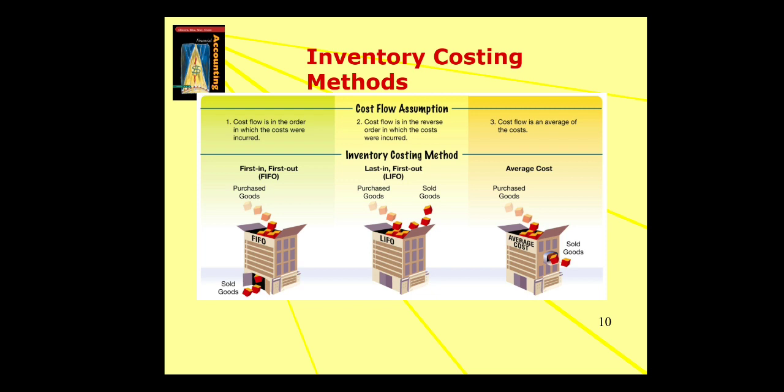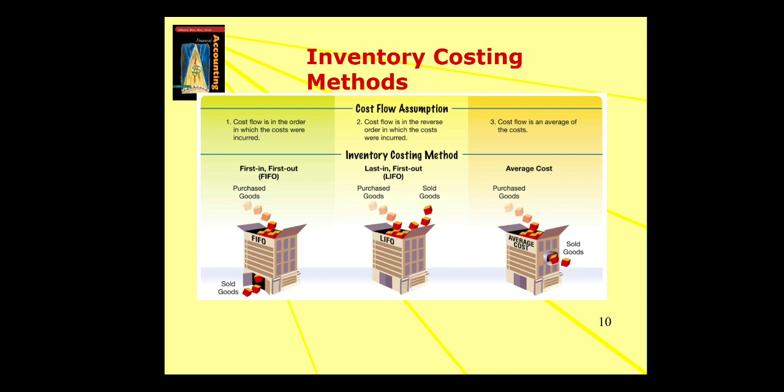There are several methods that can be used to calculate the cost of product sold by the business on a certain date. In this subtopic, you will learn about that, the inventory costing methods, the way you can calculate the cost of items or products sold by a business.